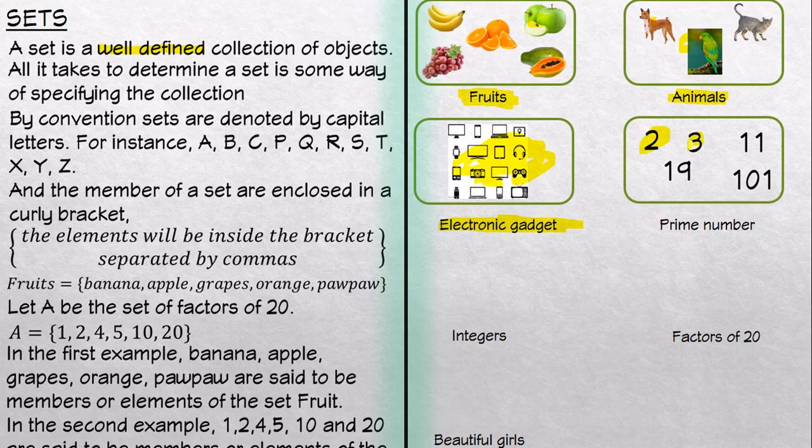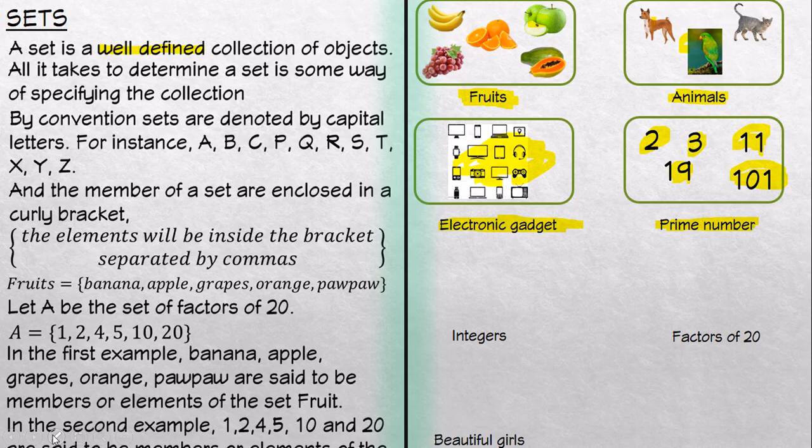An example of that will be the number 3. An example of that will be the number 11. An example of that is 19. Another example is 101. All these are examples of prime numbers. So by the way I have defined my set, it should tell me the elements that I am supposed to have in there and elements that I cannot have in there.